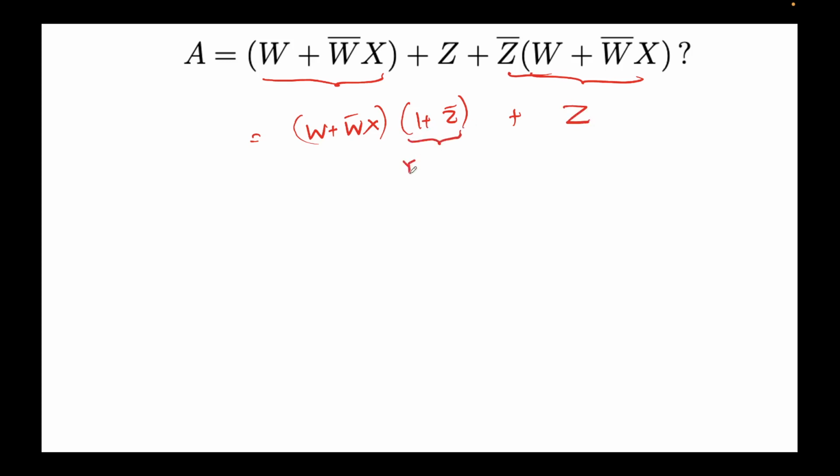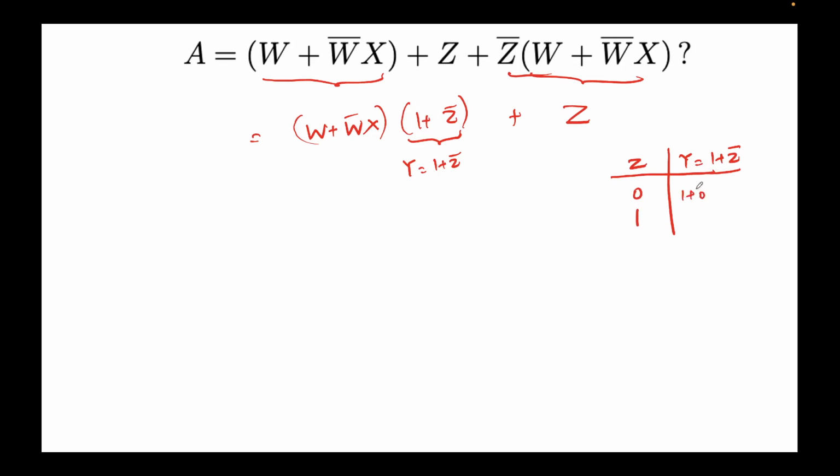Let me call this y equal to 1 plus z bar, and let's make the truth table for this. As I told you, the input here is z and the output here is y, which is 1 plus z bar. The possible combinations are 0 and 1.